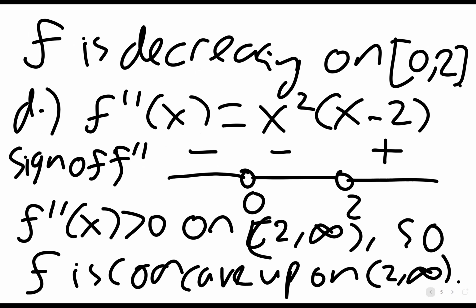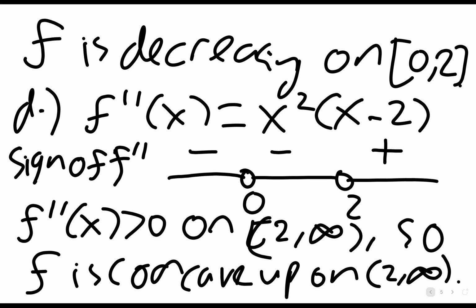And now we want to know what the inflection point is in this case. Recall that the inflection point is the point where the graph of the function has a change of concavity. So the candidates obviously are x equals 0 and 2, that is, 0 comma f(0) and 2 comma f(2).